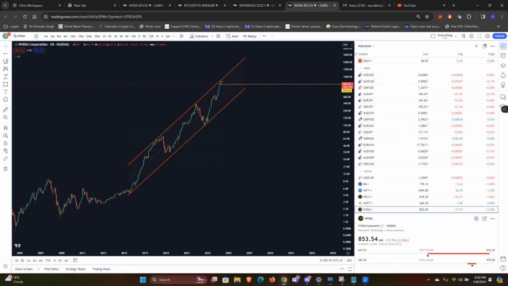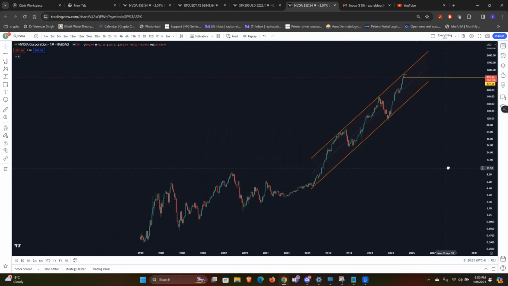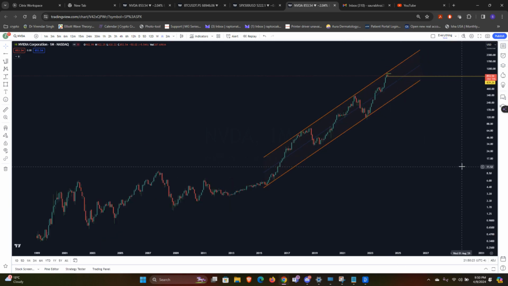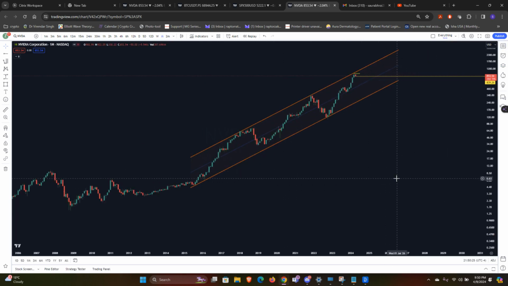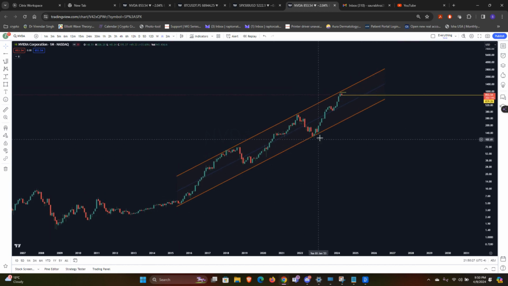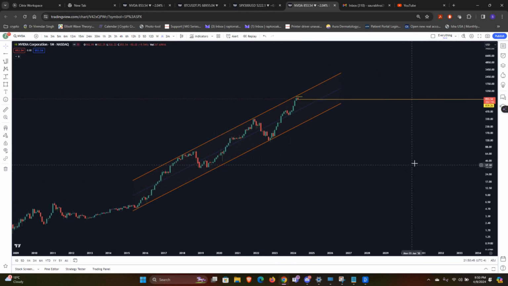You clearly see this parallel channel, which was invisible in our regular price chart. Right now the price action is hitting the top of the channel, which could mean that we are about to get moved down like we did over here and here. But we also have to find other confluences. So let's see what we have.